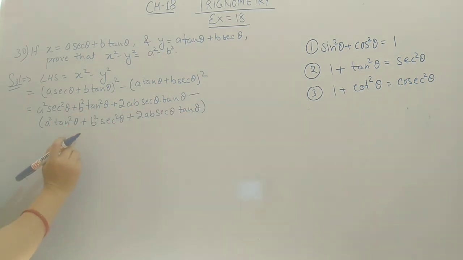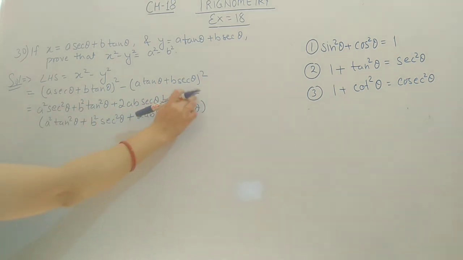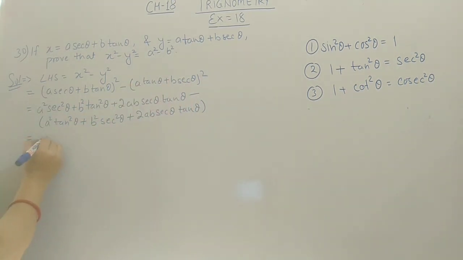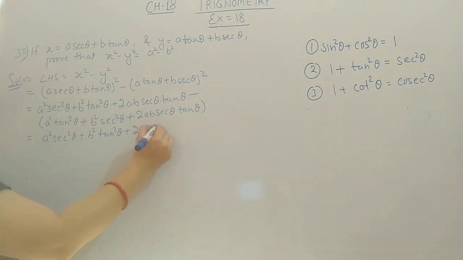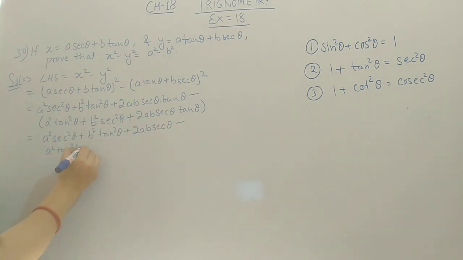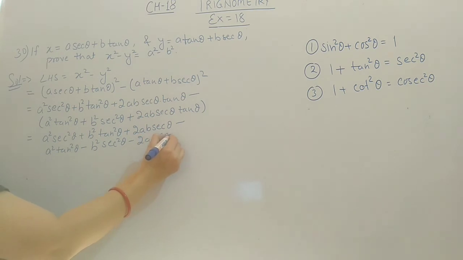Now we can remove the second bracket. Here minus is there, so all the symbols will change. We will get a square sec square theta plus b square tan square theta plus 2ab sec theta tan theta minus a square tan square theta minus b square sec square theta minus 2ab sec theta tan theta.